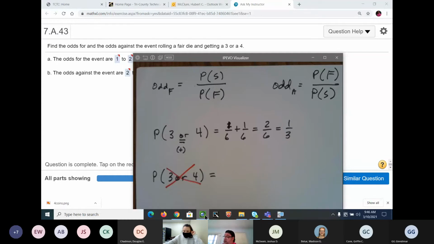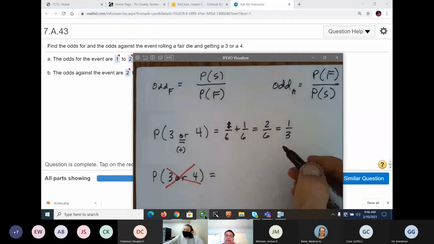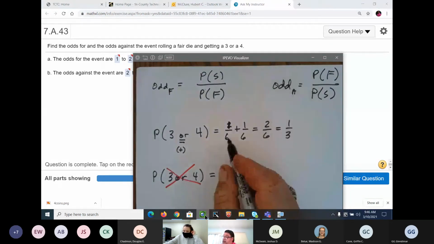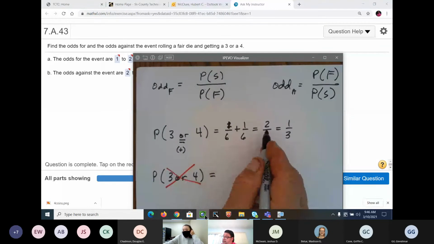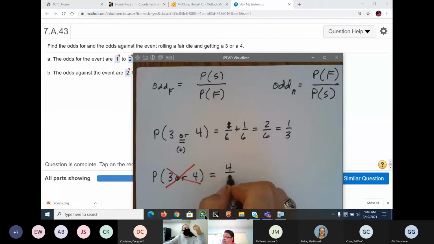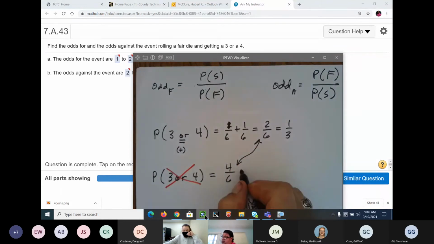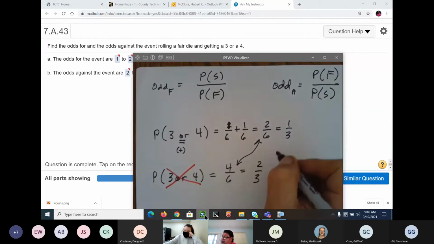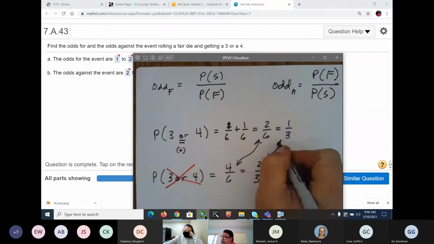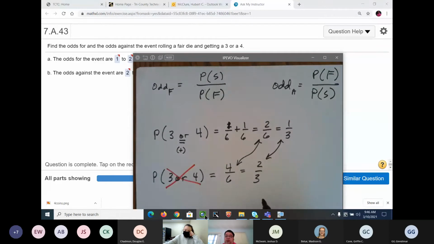So what is the complement of 1/3 to a whole? 2/3. Now you could say the complement of 2/6 is 4/6, and then that's going to be 2/3. Complement is what makes up the whole.